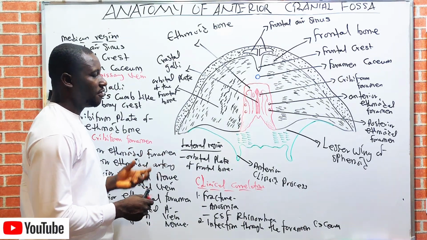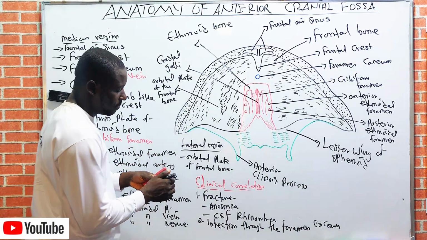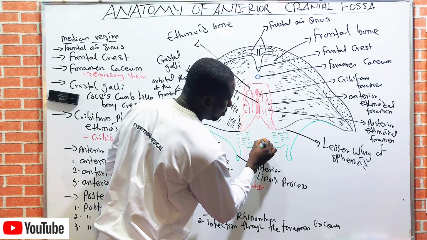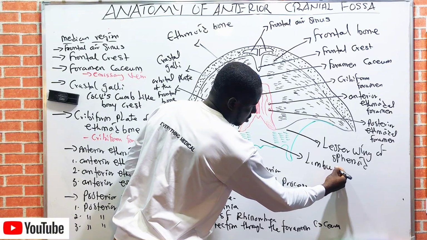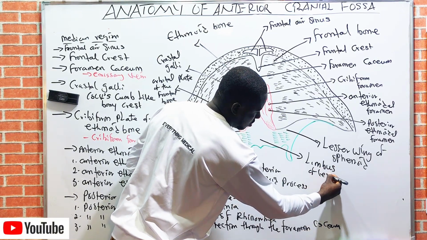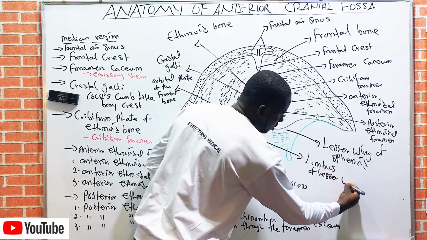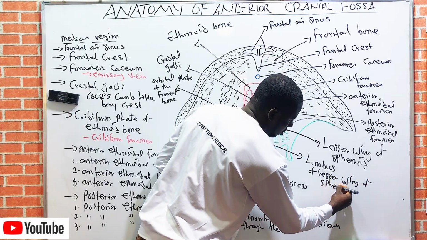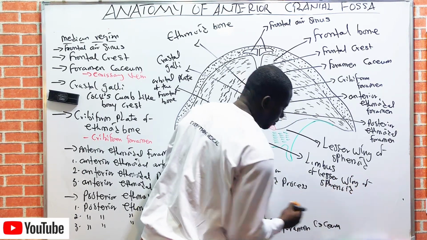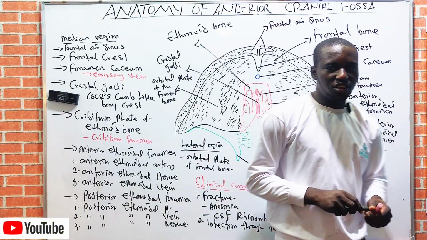We have discussed everything about this anterior cranial fossa, because what remains here is the limbus of the lesser wing of the sphenoid. We have done justice to this bony structure.